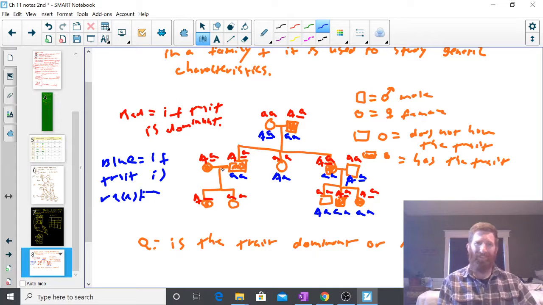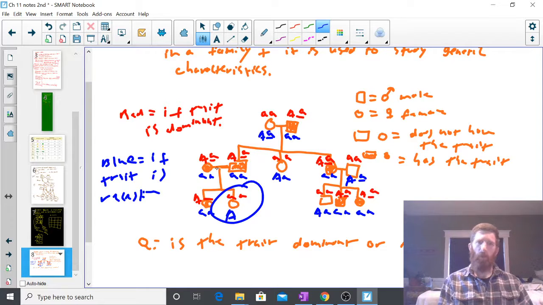But now here's the clincher, right? We have a little a over here, and then here we have a little a. Again, this is if the trait is recessive, right? But then here, right here, boom, right? If the trait's recessive, this person doesn't have the trait, so they have to have a big A, right?